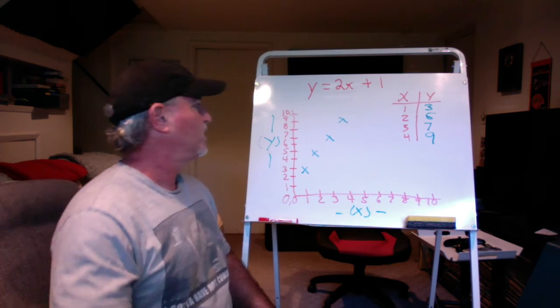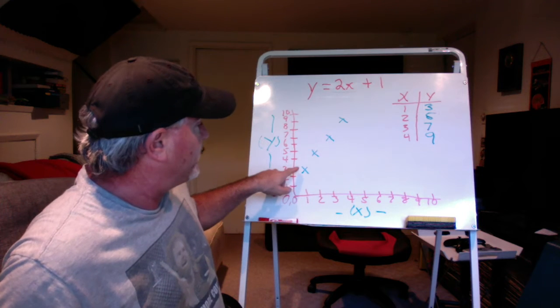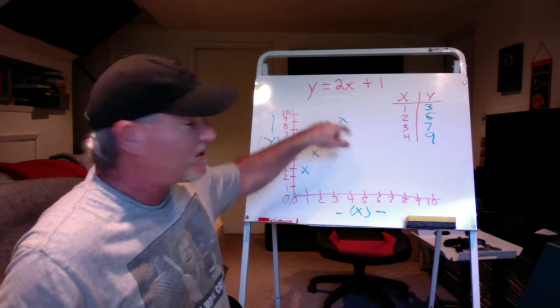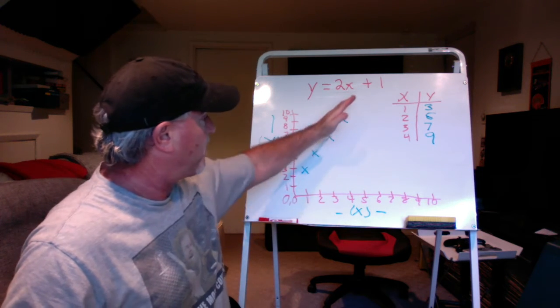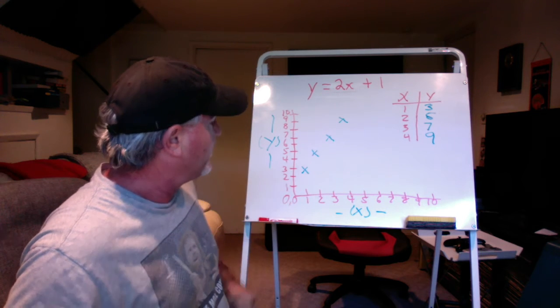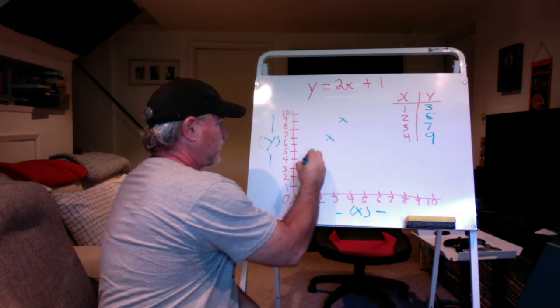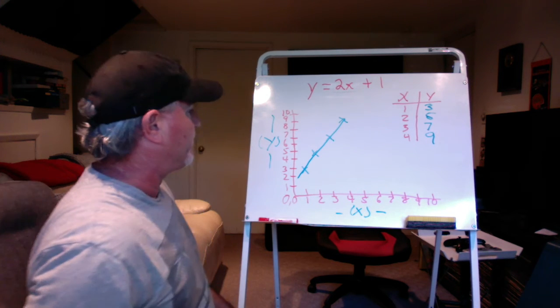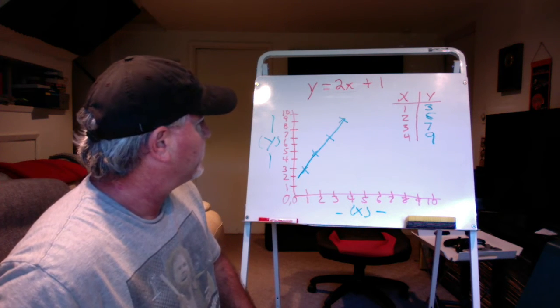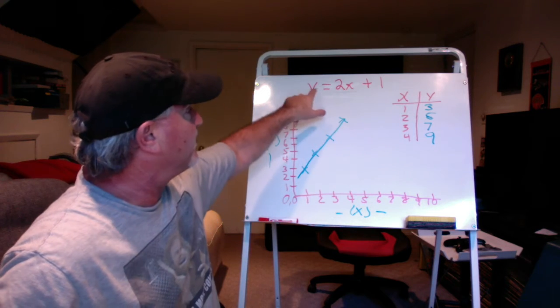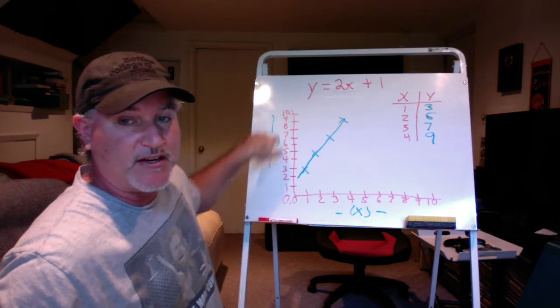There we go. All right, I have all my points plotted right there. Now all I have to do is draw a line straight through them. And that's it. We've taken an equation and made it into a line.